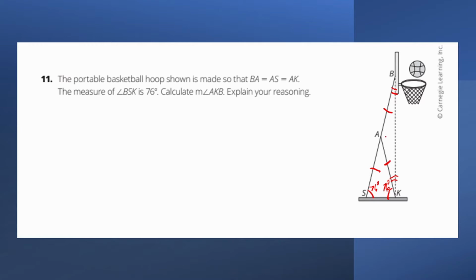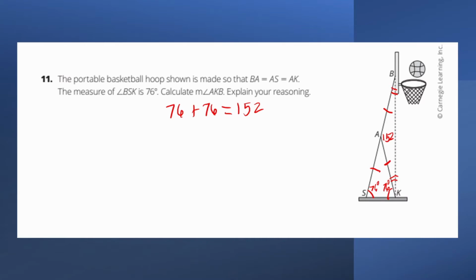And we have an exterior angle here for triangle ASK, which means that if we add 76 plus 76, which would give me 152, that is the measure of this angle here, because that's our exterior angle theorem, right? Our exterior angle theorem says if we take our two remote interior angles, which we did on one of our previous PowerPoints, the two remote interior angles are the angles that are not touching it. We add it up and then boom.